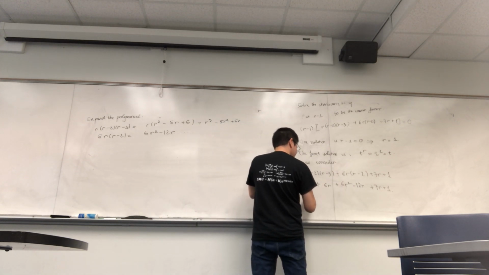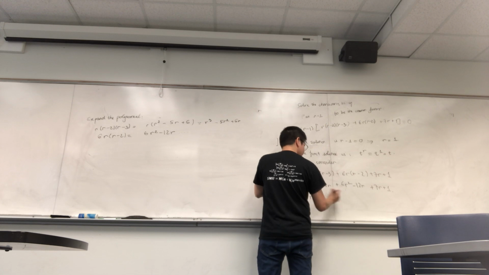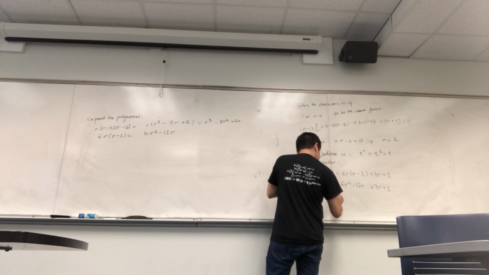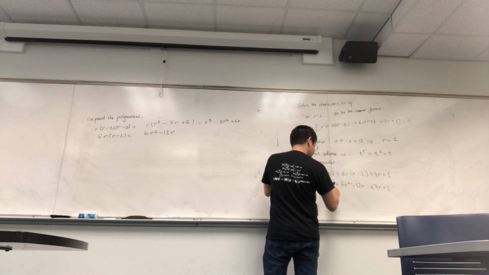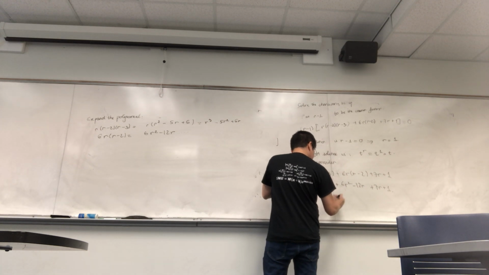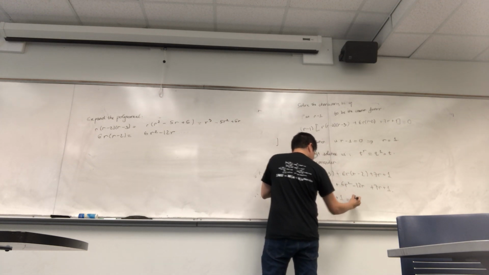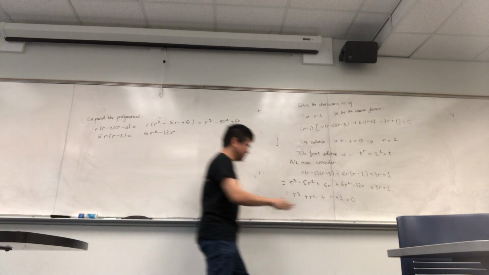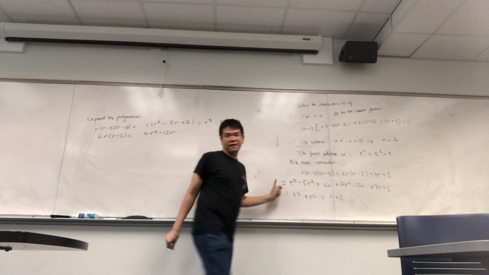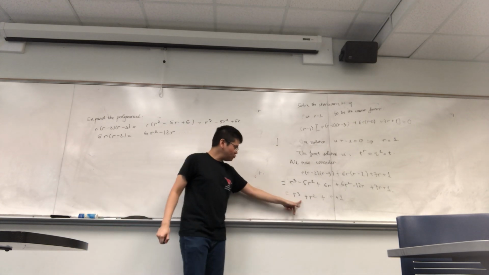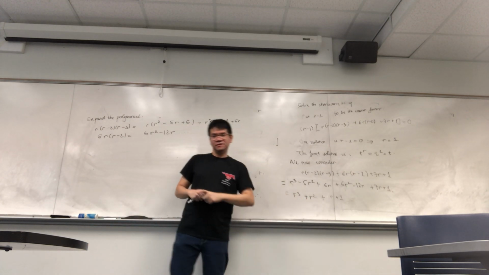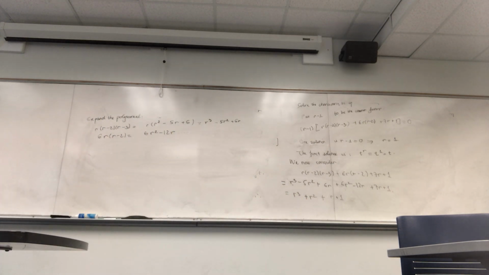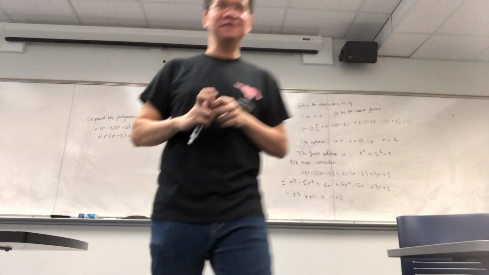I have r cubed plus r squared plus r plus 1 is equal to 0. Right? No, not yet 0. So after I expand it, I plug it back, and I get the cubic equation. This is one of the solutions, right? So we're going to continue next Tuesday. Happy Thanksgiving.